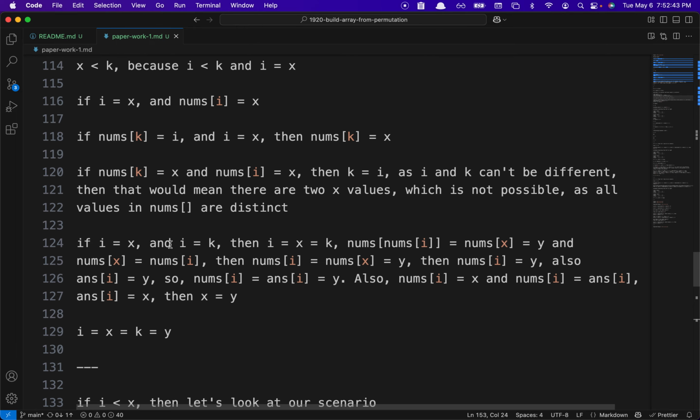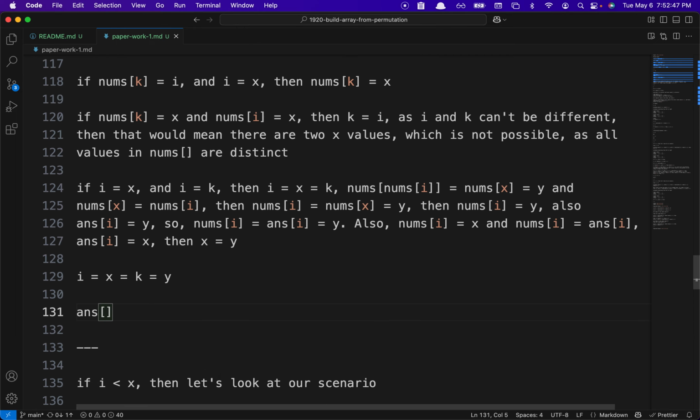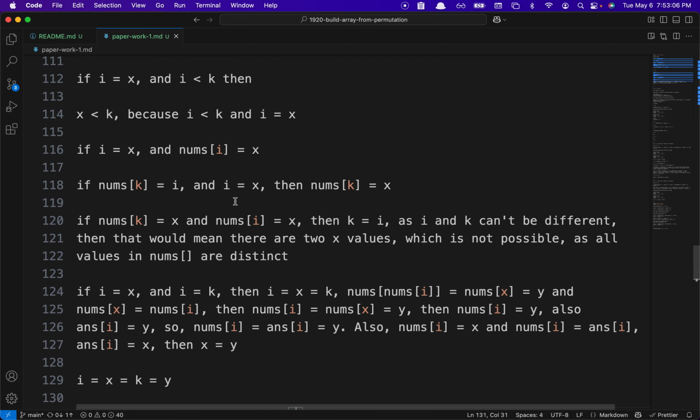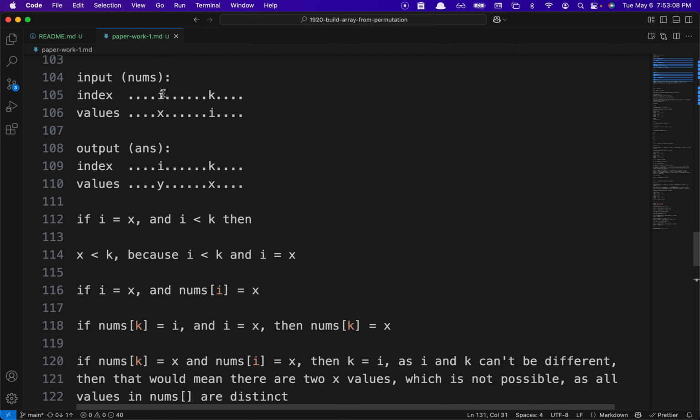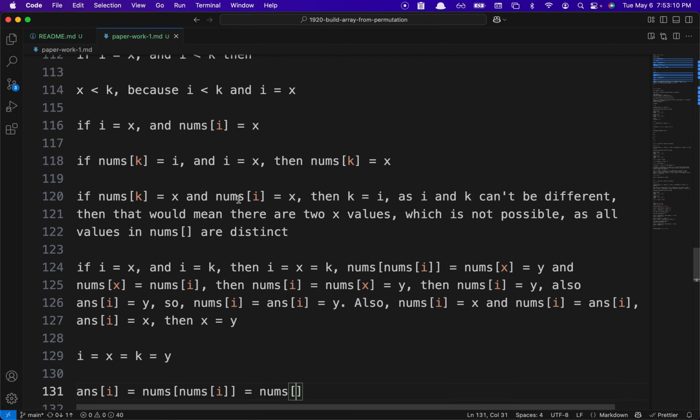So this is going to say answer of I is equal to nums of this, which is equal to nums of I. Nums of I is basically X, right?